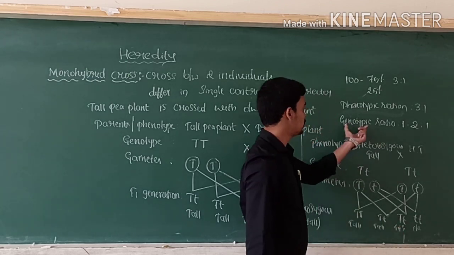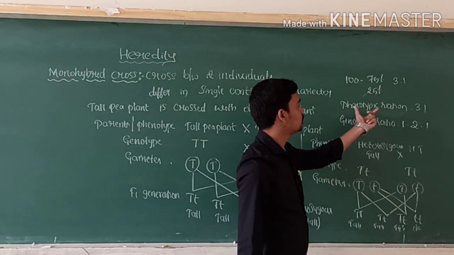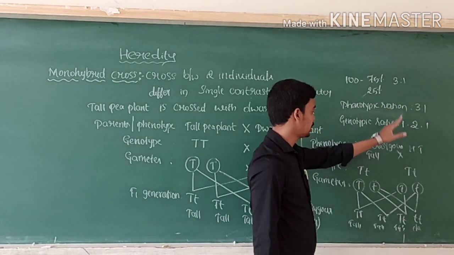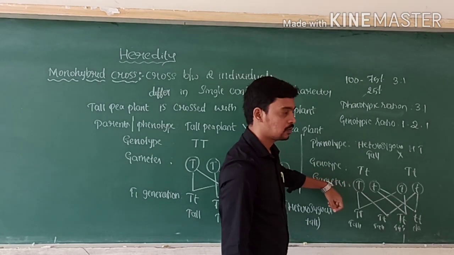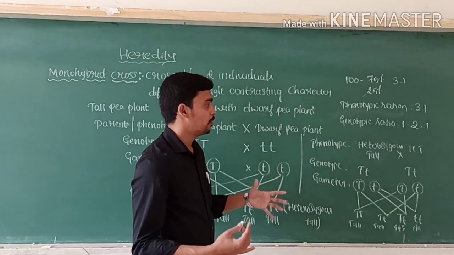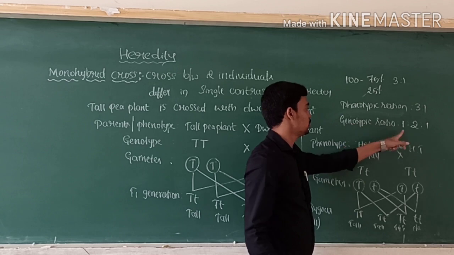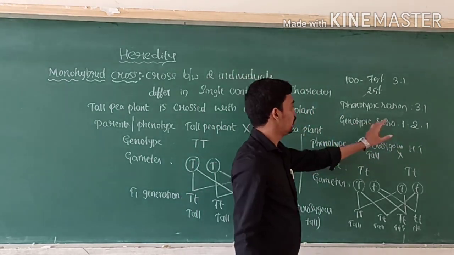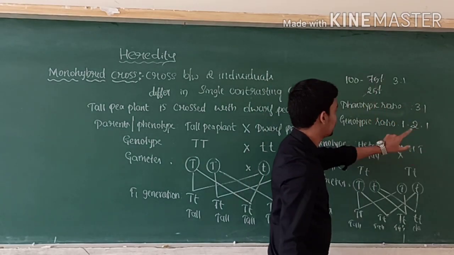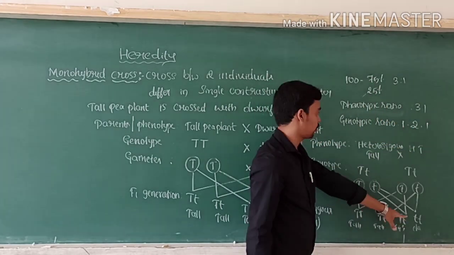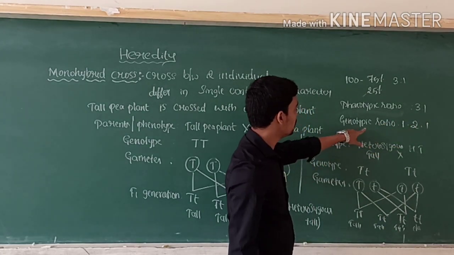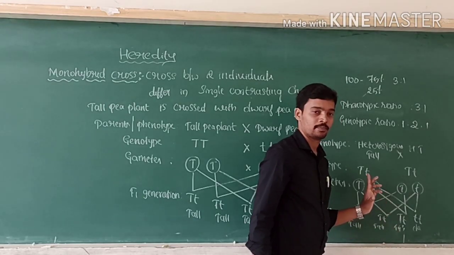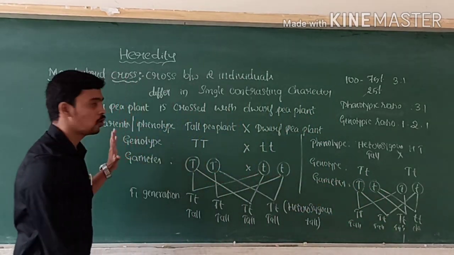Homozygous or heterozygous, that is the genotypic ratio. How much tall and how much dwarf is the phenotypic ratio. That is 3:1, and 1:2:1 is the genotypic ratio of the monohybrid cross. So what is the phenotypic ratio of the monohybrid cross? That is 3:1. What is the genotypic ratio? 1:2:1. Okay, in phenotypic ratio, you just take the external character, that is how much tall and how much dwarf, 3:1. And in genotypic ratio, you take the homozygous and heterozygous conditions. Okay, this is regarding the monohybrid cross.